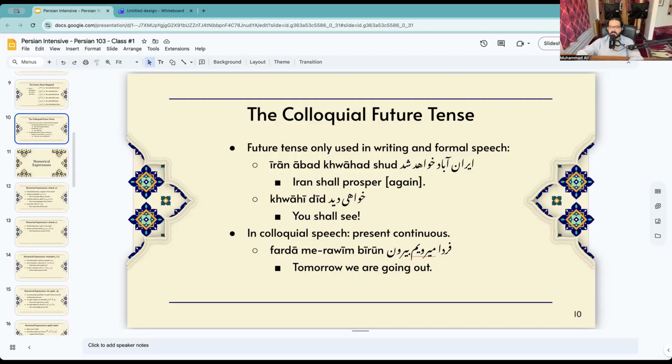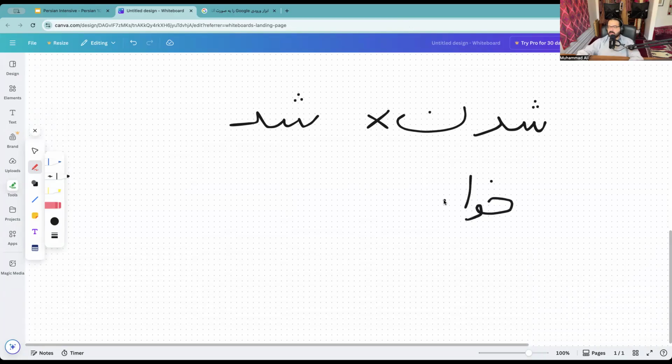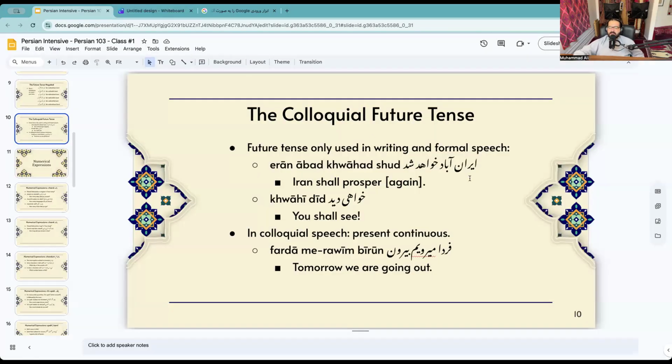And then you remove the noon, right? So we have shodan. You remove the noon, you get shod, its past tense third person. And then Iran is the third person singular, so we say khahad shod. Khahad shod, shall be. That's why we have Iran abad khahad shod. Iran shall prosper, someone will say.